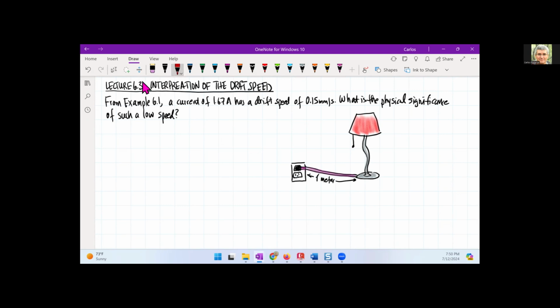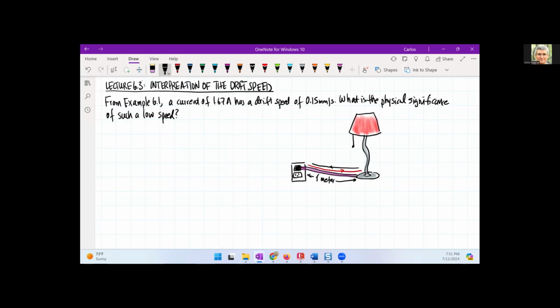If we treat this as not AC but DC, then I'm going to have current coming in, and then a line coming back. So current is coming in, current is coming out.